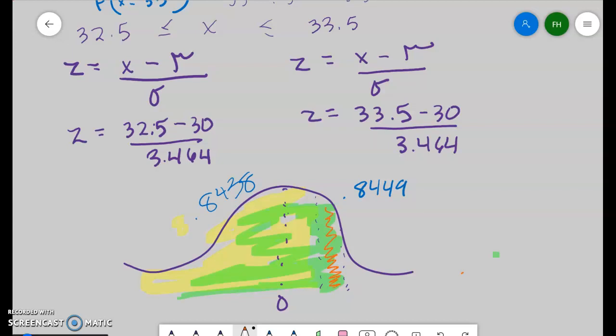So what we can do is we can take what we know all from here all the way over, which is the 0.8449, and we can subtract from here all the way over, because that's what we don't want. We only want the in-between, so you subtract the 0.8438.